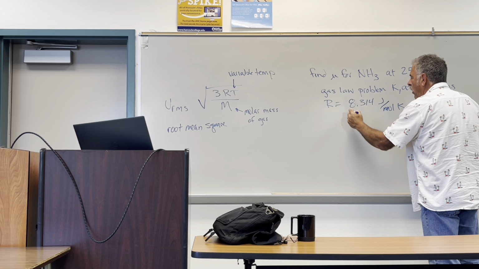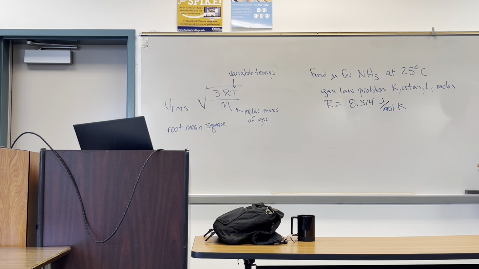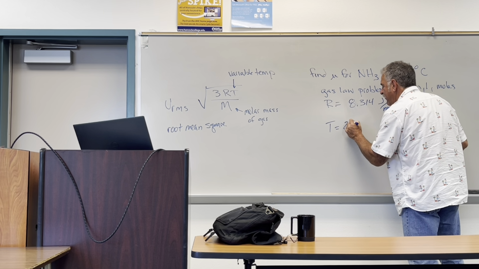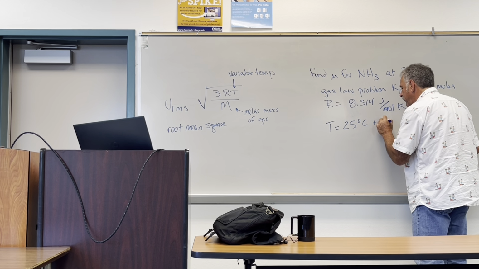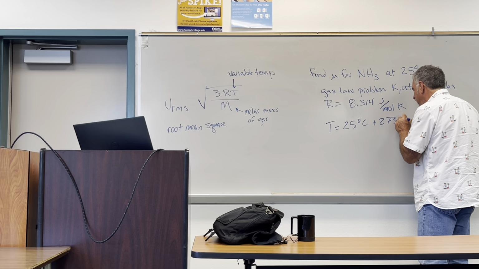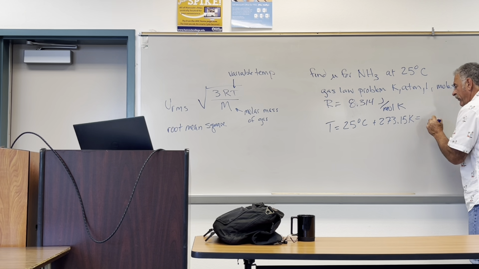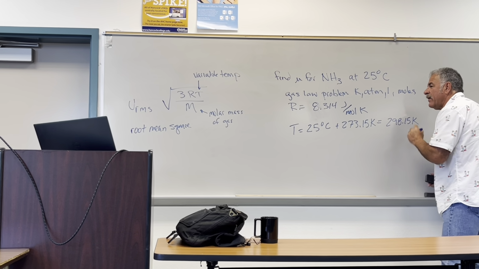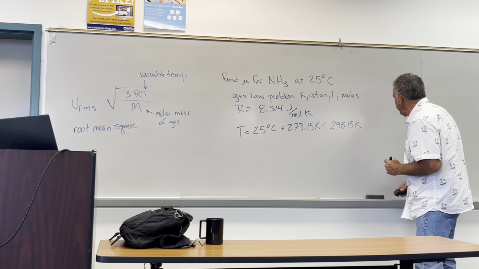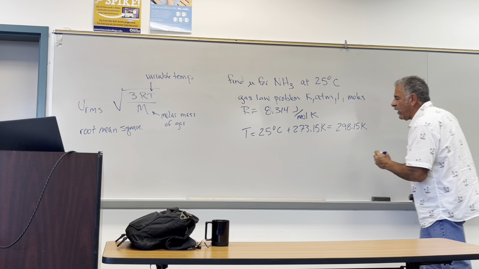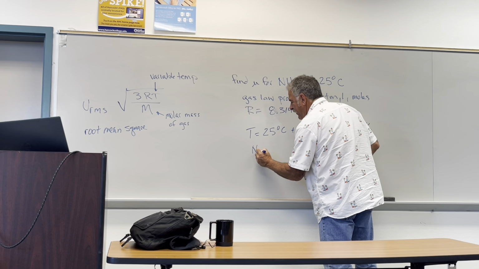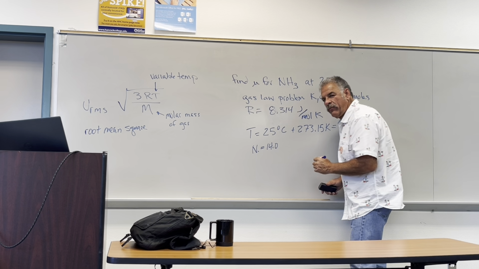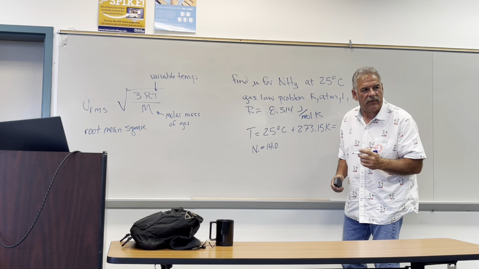Okay, so that's R. T is going to be 25 degrees C plus 273.15 K equals 298.15 K. And then the molar mass is going to be, right, N is 14.01 or just 14? What does your table say?